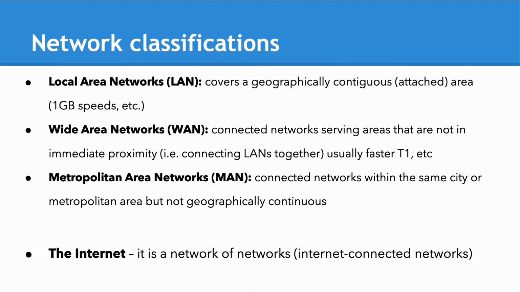The network in one building on campus is connected to another network in another building, so we've got a network that spans a larger area. To build that type of network is going to take more than just Ethernet cables. Going from building to building, you might need a T1 line, a significantly faster internet connectivity line, to connect those two buildings.